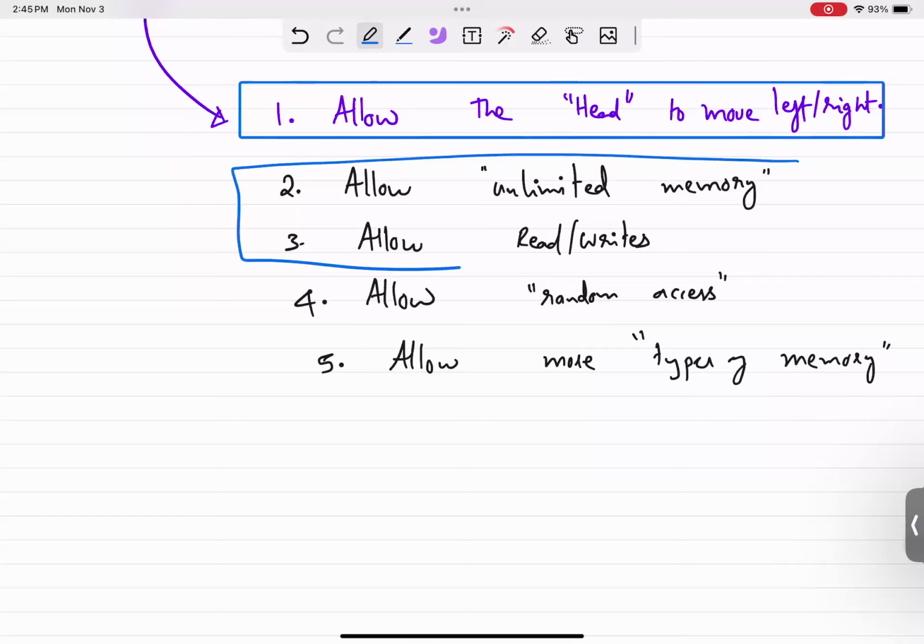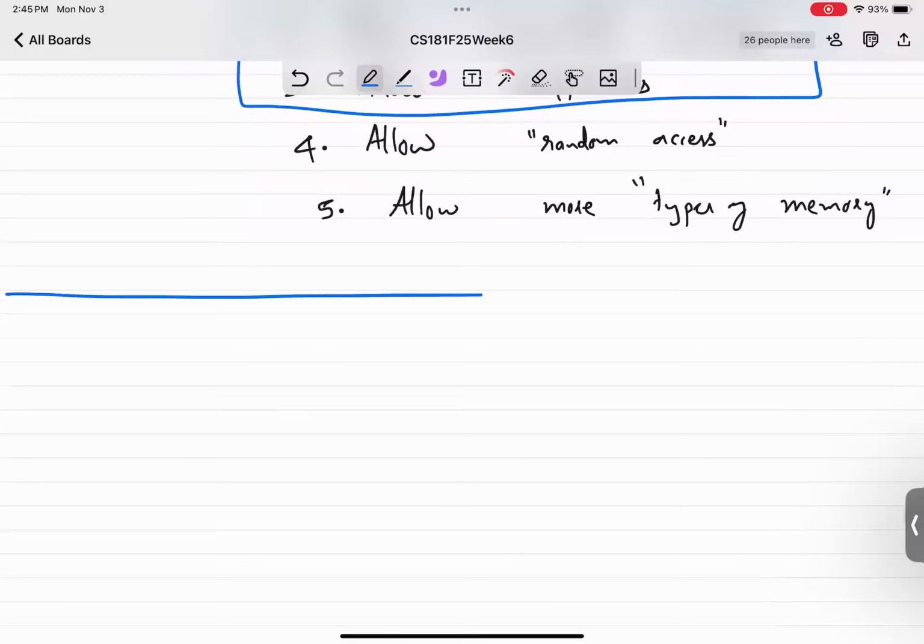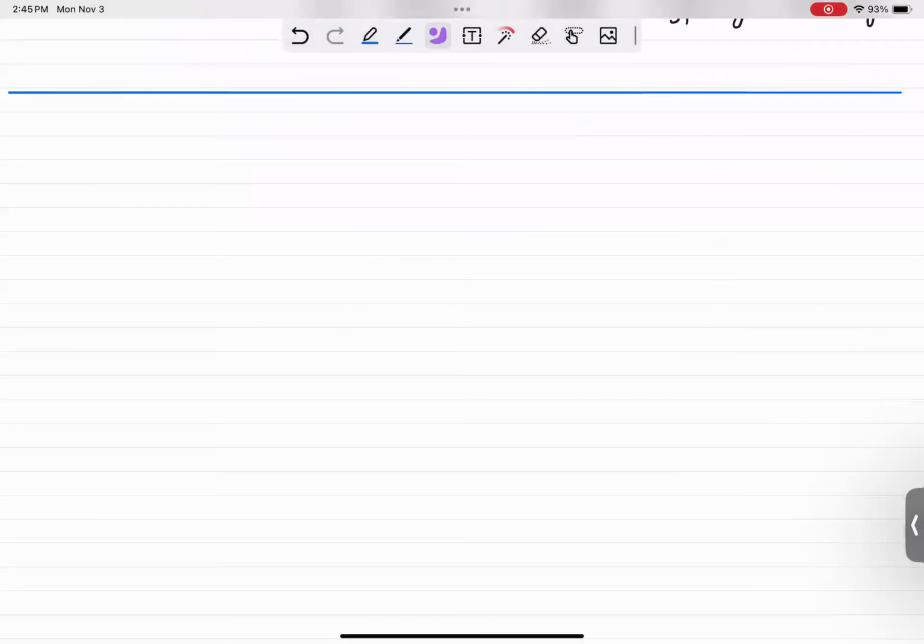The way I wrote it down, these three will be enough to define a computer and be able to formalize a model and then reason about it, irrespective of any hardware restrictions. And this was done by Turing, who introduced this model. He didn't call it the Turing machine. We call it the Turing machine because he did very important work on this.